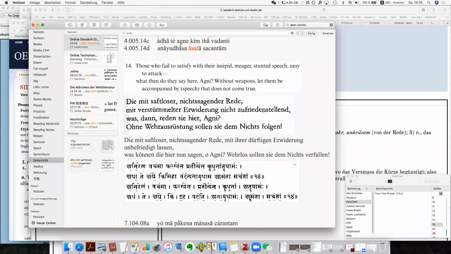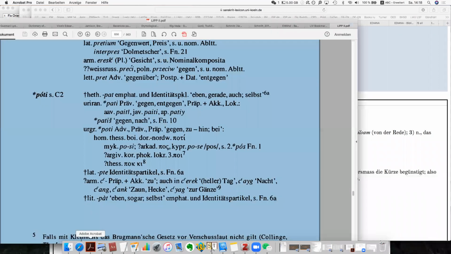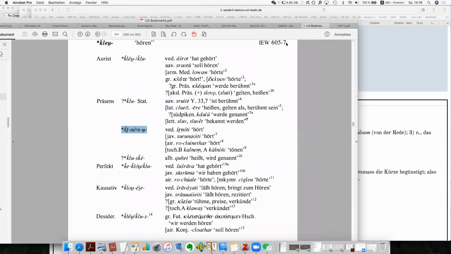The pata text just replaces the asata with asata, yeah. But which one is more correct? Actually, this one is more correct because this as goes back to the Proto-Indo-European root called, wait a minute.